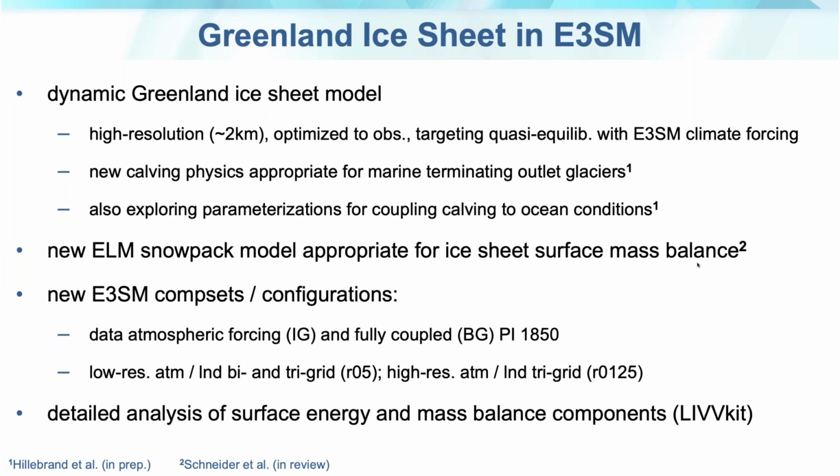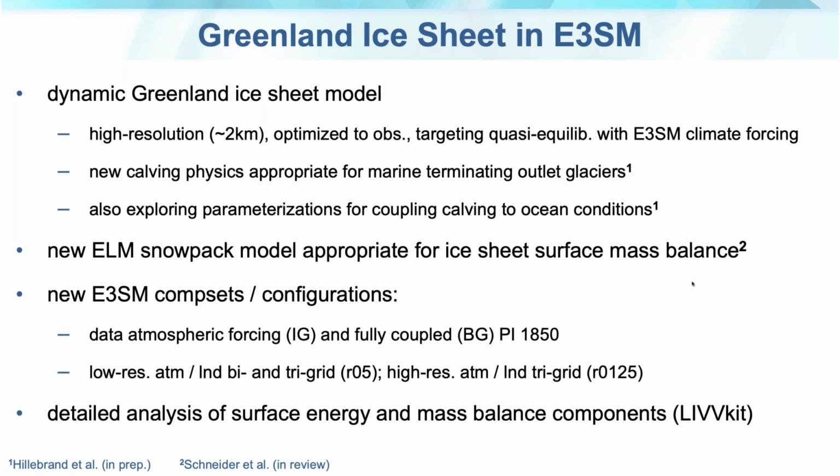There's been work on a new snowpack model in ELM that's more appropriate for ice sheet surface mass balance. We've done a lot of work in the last few months on some new composites and configurations to allow us to do surface mass balance calculations at higher resolutions, which we need to do in order to validate the surface mass balance component before we're confident that it's ready to go for forcing the actual ice sheet model.